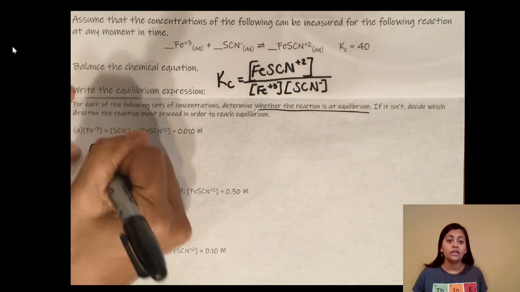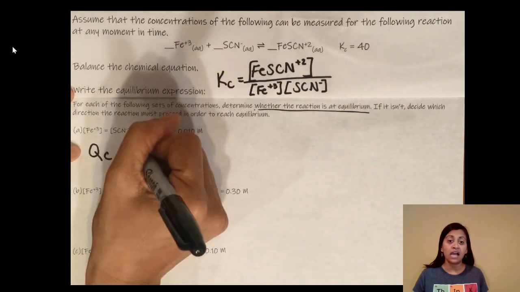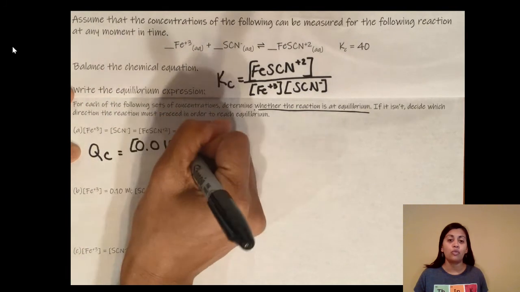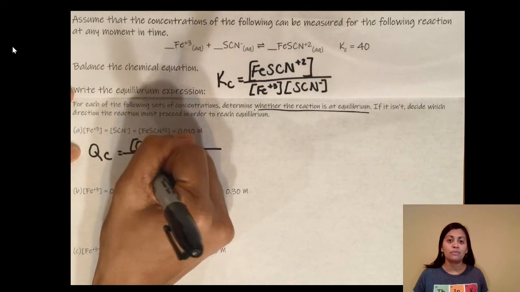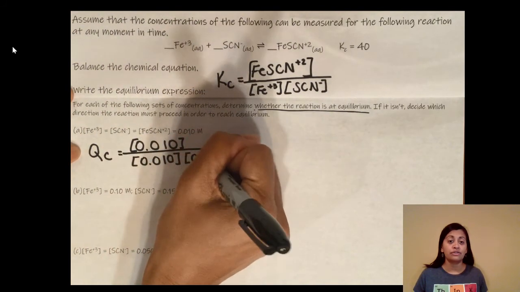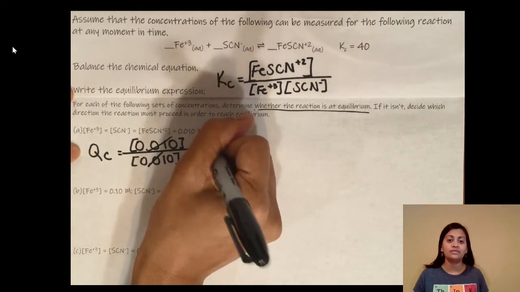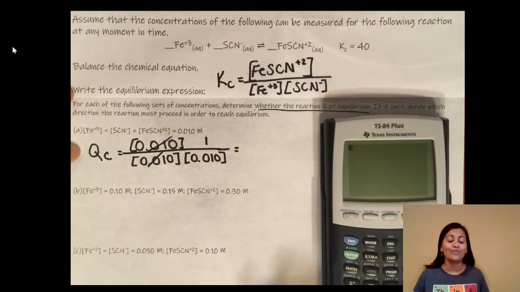So for the first one, Qc is equal to, again, the products over the reactants, and in this case, everything is 0.010 molar. So we're going to use the brackets to represent that molarity. So we have the product 0.010 divided by the reactants 0.10 times 0.10. And since we have 0.10 on both the numerator and denominator, we can cancel out at least one of them and make the top, or the numerator, 1.